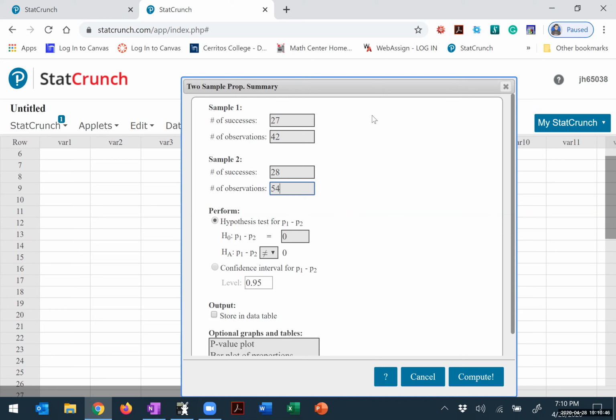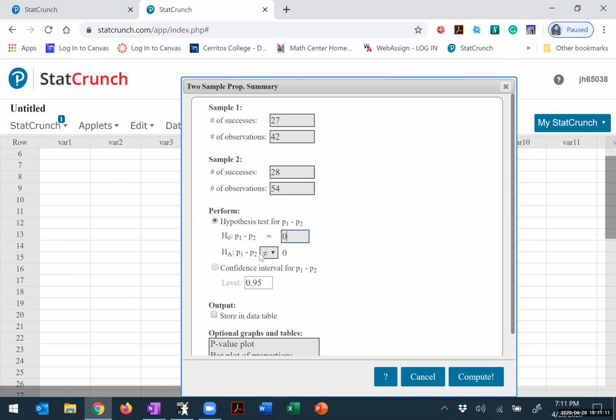Yep, 28 out of 54. And we want to know, is there a difference between the two? So hypothesis test for P1 minus P2, that looks good. P1 minus P2 is equal to 0, which means that there's no difference.